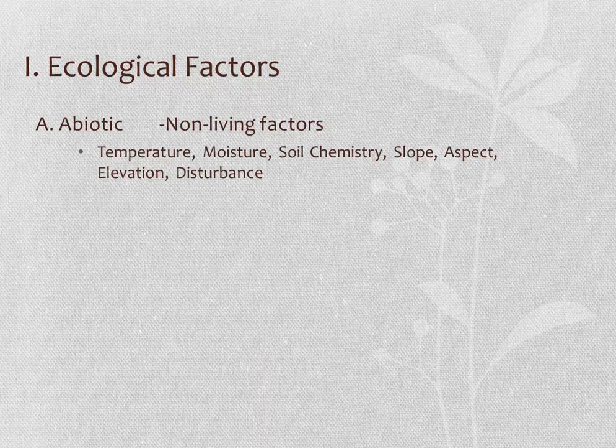A stands for abiotic, and abiotic means non-living. In any ecosystem, there are going to be several non-living components that can influence what lives there and how well it does. Some of these abiotic factors include temperature, moisture, soil chemistry, slope, aspect, elevation, and disturbance.